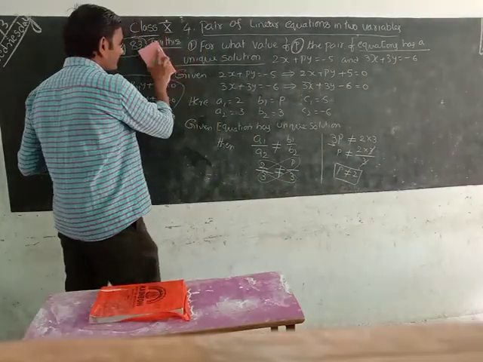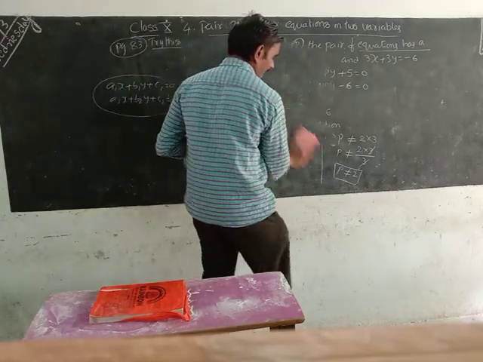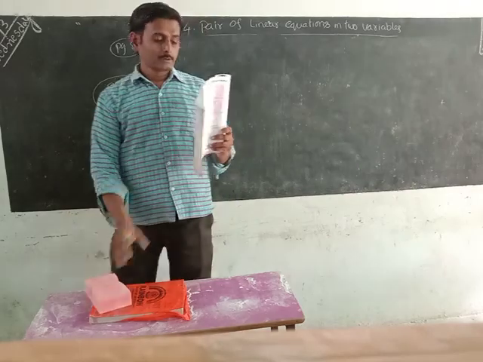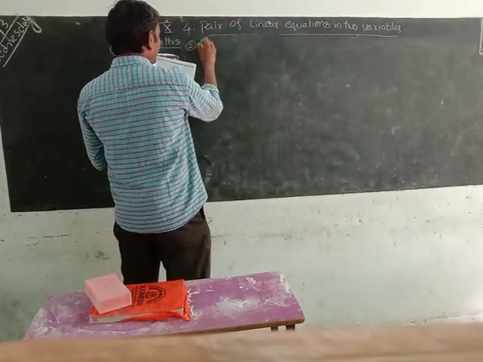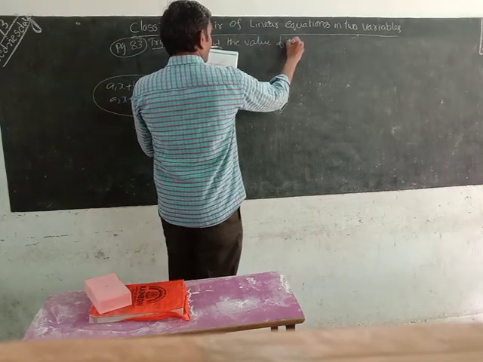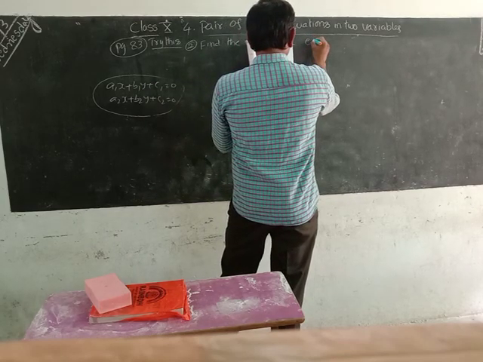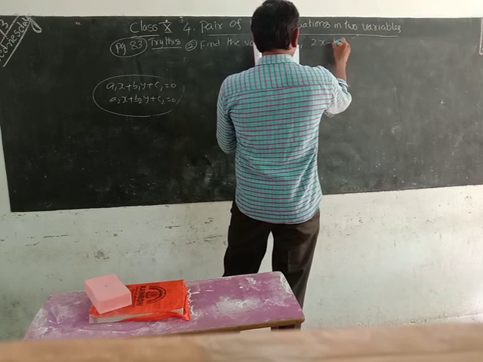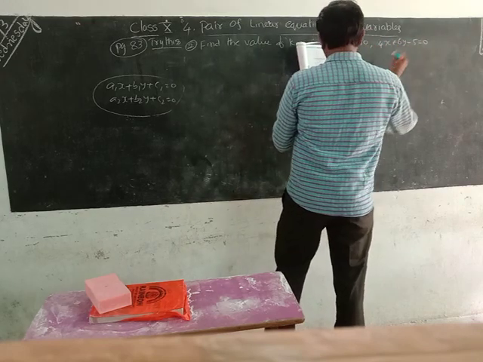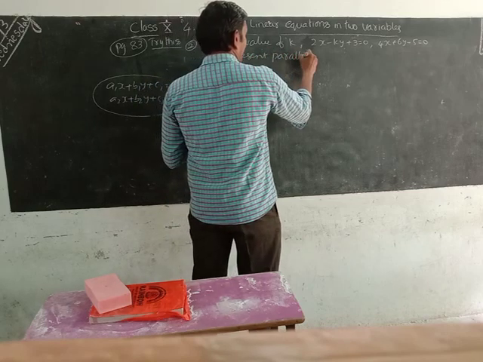This is the first question. Go for the second one. Find the value of k: 2x minus ky plus 3 equal to 0, 4x plus 6y minus 5 equal to 0 represent parallel lines.